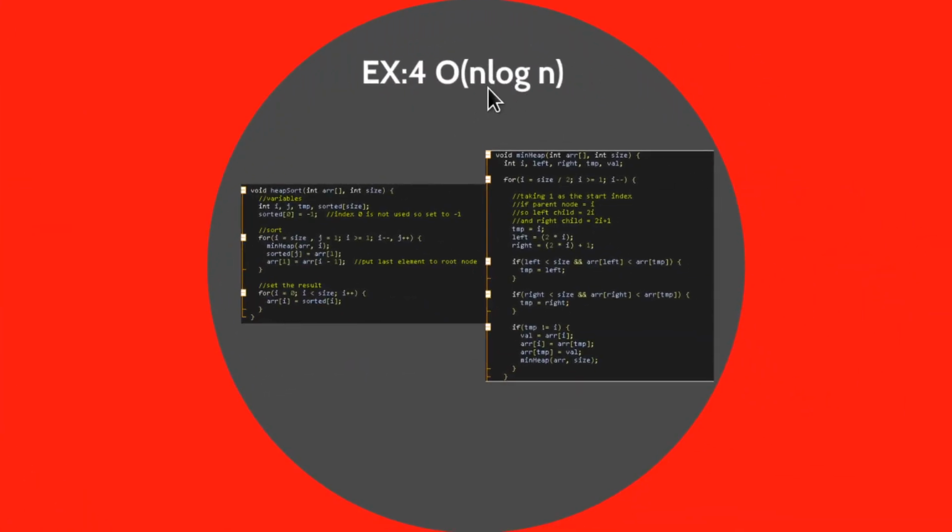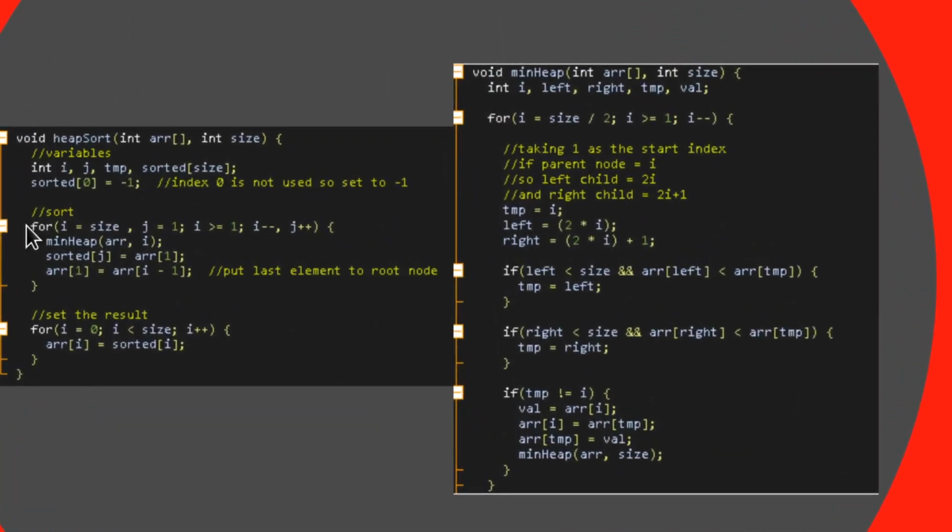For n log n, we're going to look at heap sort. This for loop is the part that will sort the heap. Min heap is heapifying the unsorted heap after we add each element. If every element was added to the heap at the correct location, we would only have to run through this for loop n times to assign every value from array to sort it.